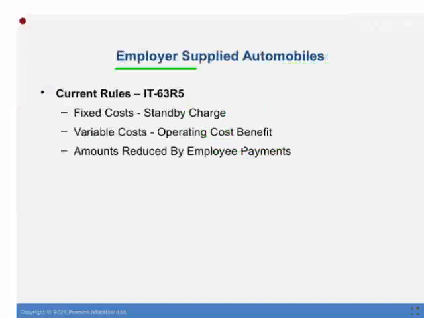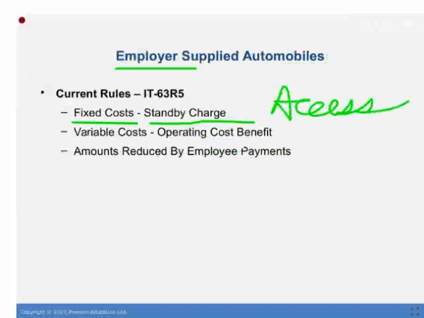So let's start with scenario number one, the employer supplied automobile. In this case, we're going to cover the fixed costs with a standby charge. So this is for your access to the vehicle.